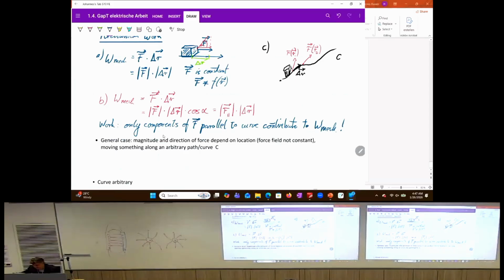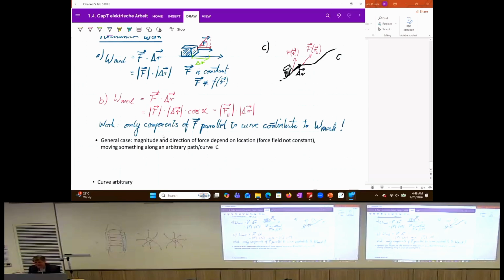So you have to do a projection of that force vector at the first location to see which component of this force vector is parallel to the curve element, to the delta r, and only that component you take into account when you integrate. And also you see at the second position, both the direction of the force and also the tangential component of the curve are changing.